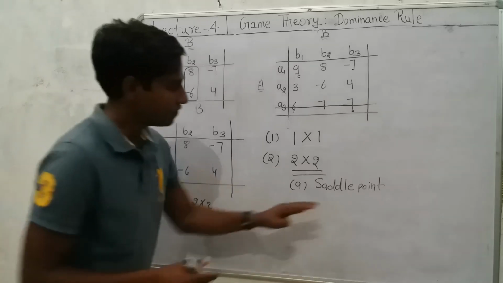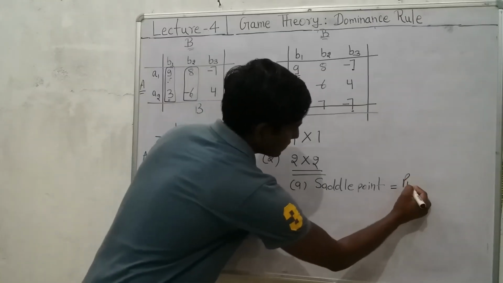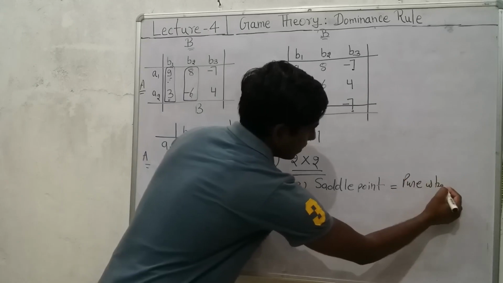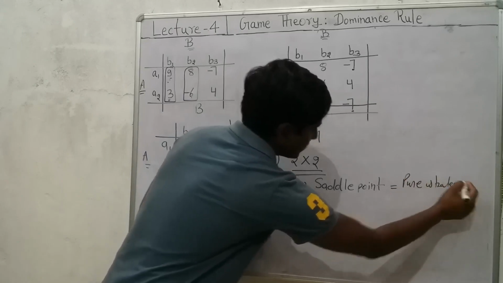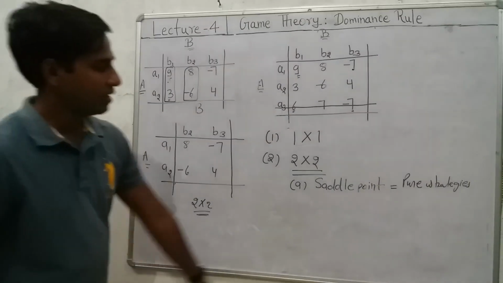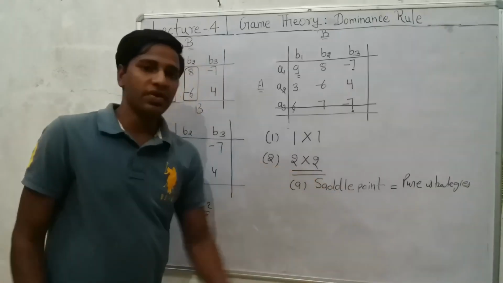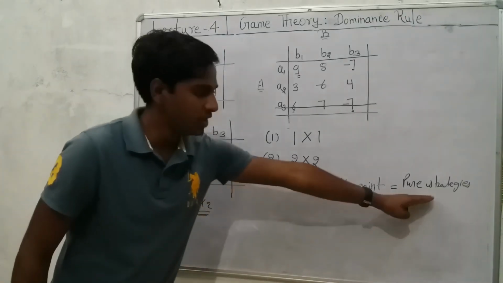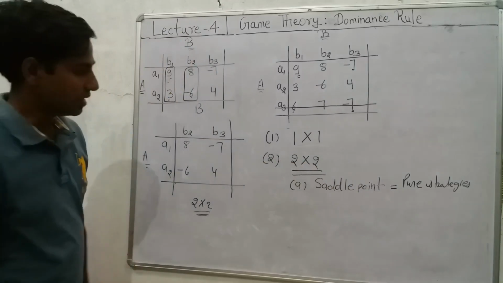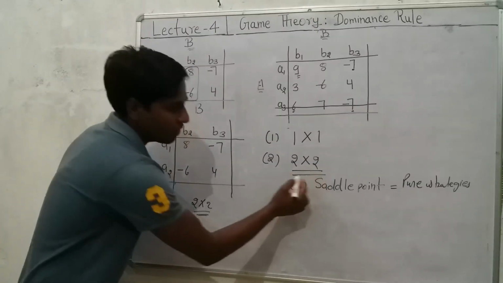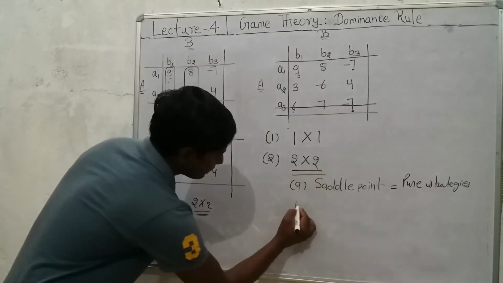In that case, we would get pure strategies. Pure strategies, what does it mean? It means that company A would have only one strategy, and company B would also have only one strategy.